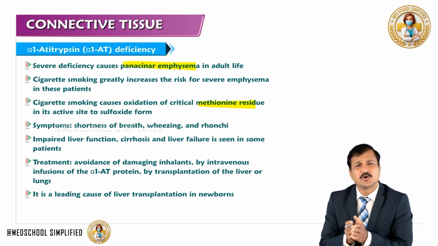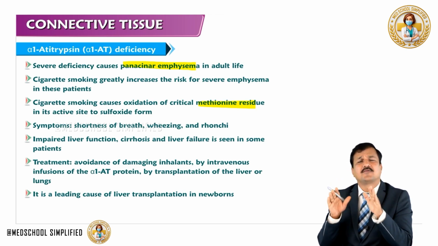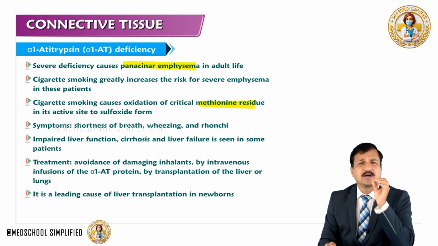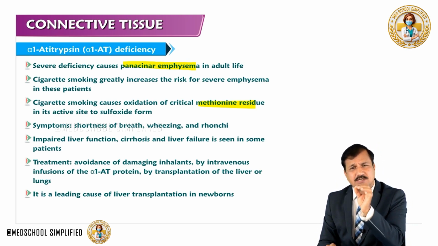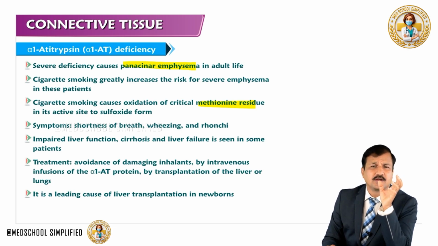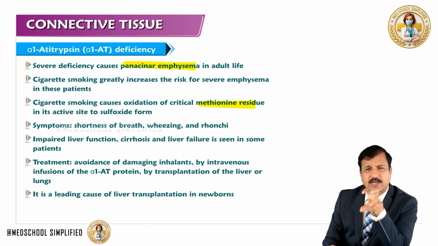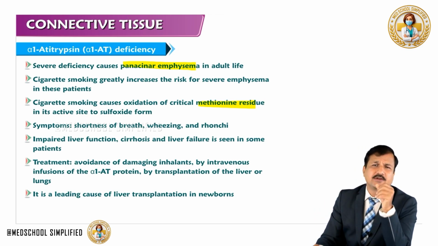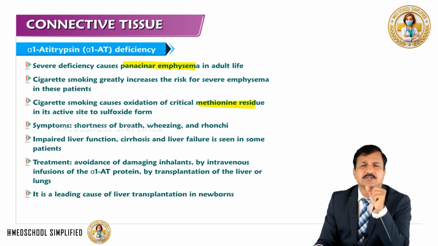So cigarette smoke decreases alpha-1 antitrypsin activity by oxidizing a methionine present in its active site. Thereby the binding of elastase to the active site is decreased, and that will lead to overactivity of elastase enzyme and leading to signs and symptoms.